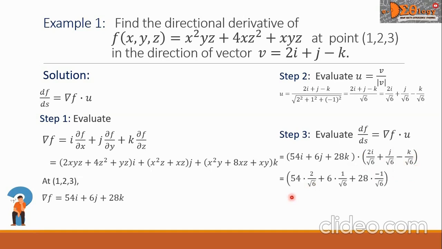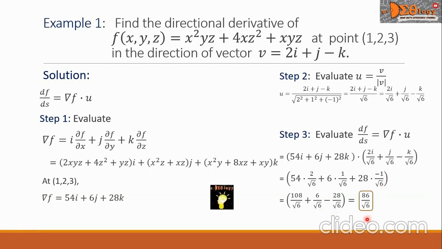So we have now 54 times 2 over square root of 6 plus 6 times 1 over square root of 6 plus 28 times negative 1 over square root of 6. We can simplify this into 108 over square root of 6 plus 6 over square root of 6 minus 28 over square root of 6. And the final answer here will be 86 over square root of 6.